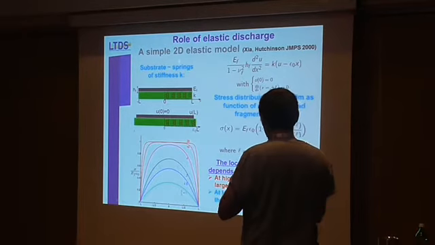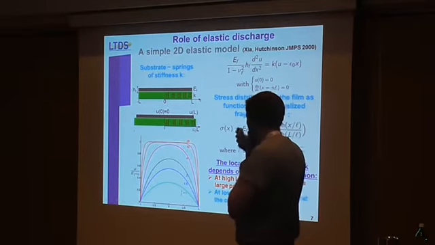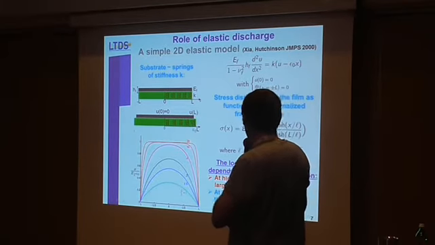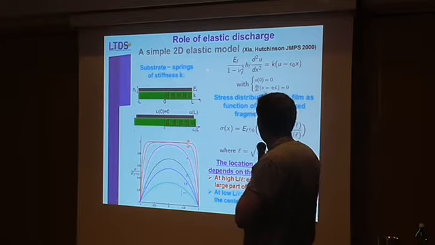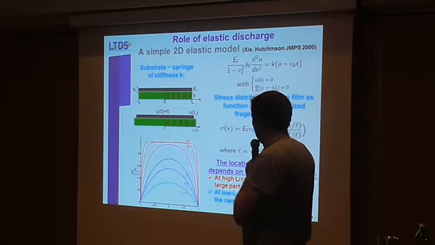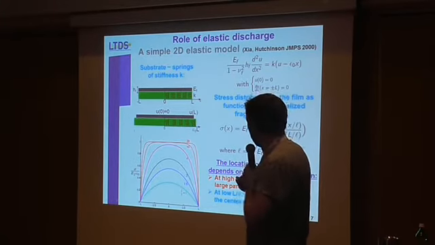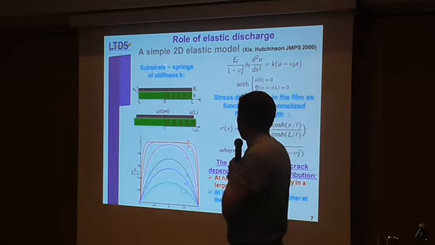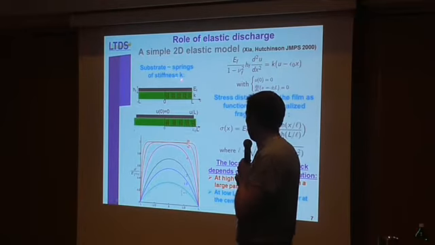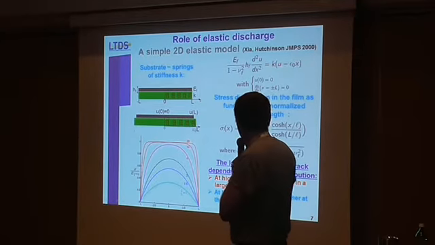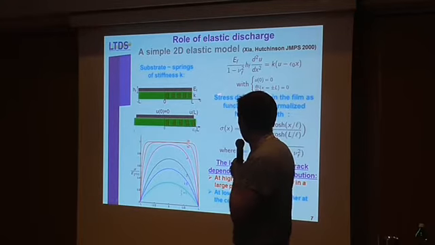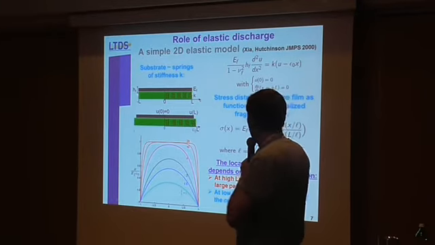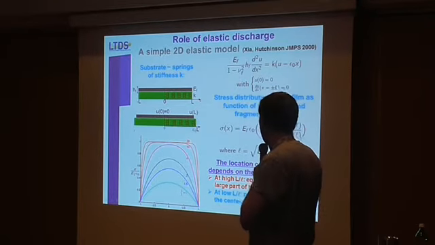To illustrate the role of this elastic discharge, in 2000, Hutchinson and Xia proposed a very simple 2D elastic model to account for this problem. They consider the substrate as a network of springs of stiffness K, and so they are able now to calculate the stress distribution at the surface of the film as a function of the normalized fragment length.